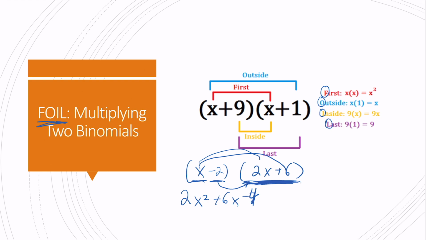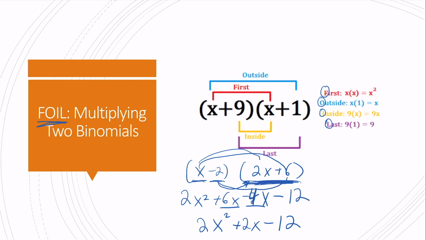That gives me a negative 4x. And then I have negative 2 times 6. That's a negative 12. I can now combine like terms. You are going to need to combine terms most of the time. So I've got 2x squared, 6x minus 4x. That's a positive 2x minus 12. So that's how I would multiply those two binomials.